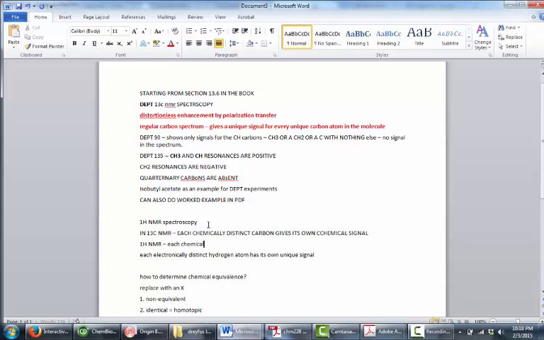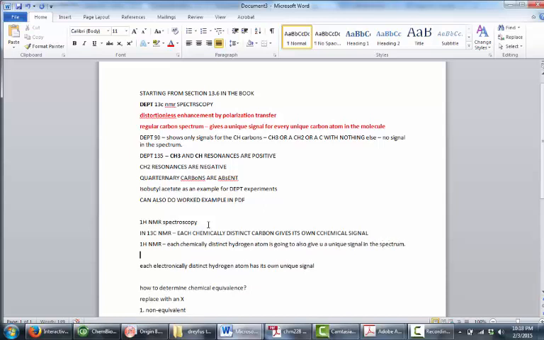Each chemically distinct hydrogen atom is going to also give us a unique signal in the spectrum, but there's also a fair amount of other useful information that we can get from a proton NMR spectrum.